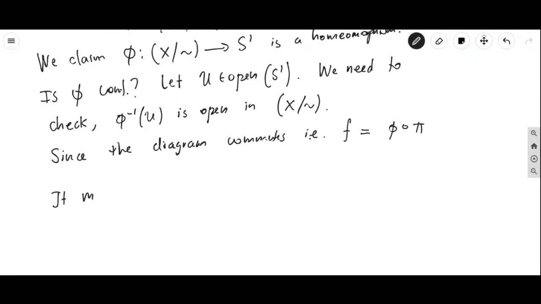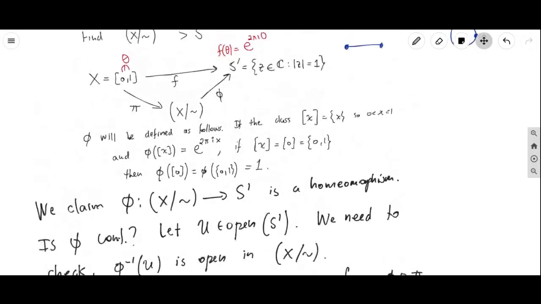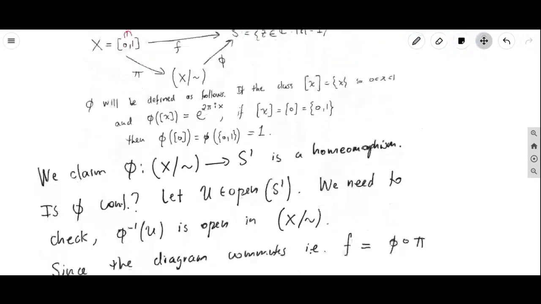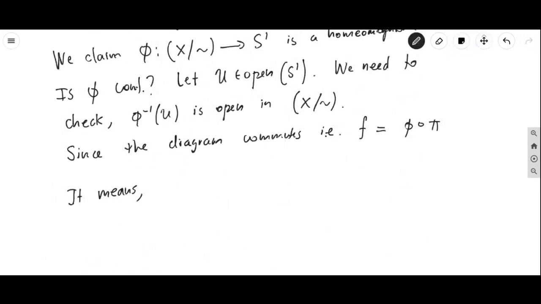Since the diagram commutes, what does this mean? I want to pull something back, right? I want to be able to pull back an open set. If I pull back an open set, that's the same thing as pulling it back by f and then pushing it by pi. It means that phi inverse of an open set, right?